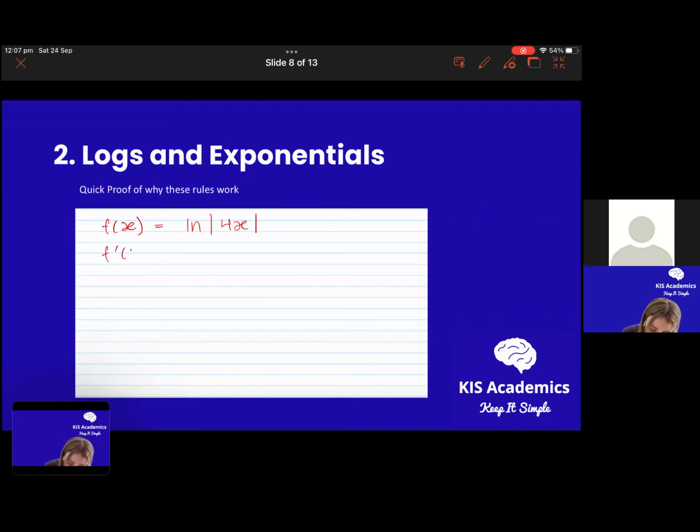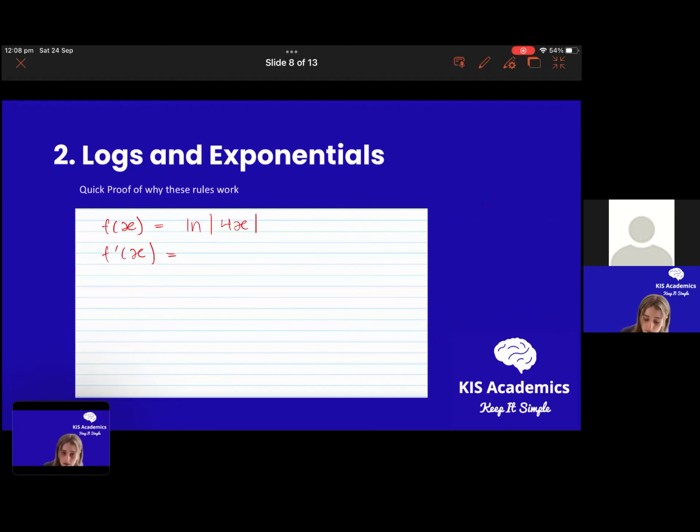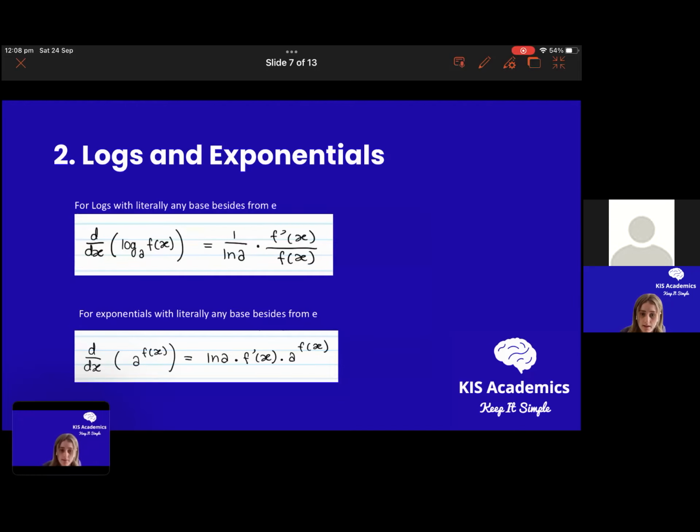Now the f dash of x there would be, if we take this base a rule, when we're using this coefficient, we would have to do 1 over ln of e, because that's our base, right? It's e. And then we're going to multiply that by 4 over 4x, because the 4 there is our derivative of 4x, and then our 4x is obviously just the 4x. So we're following this rule here.